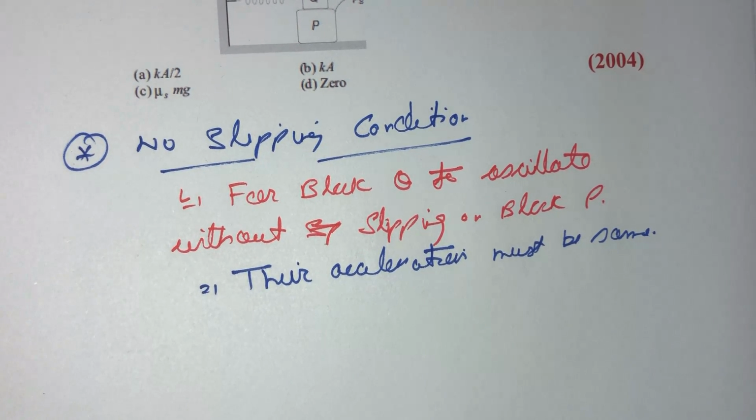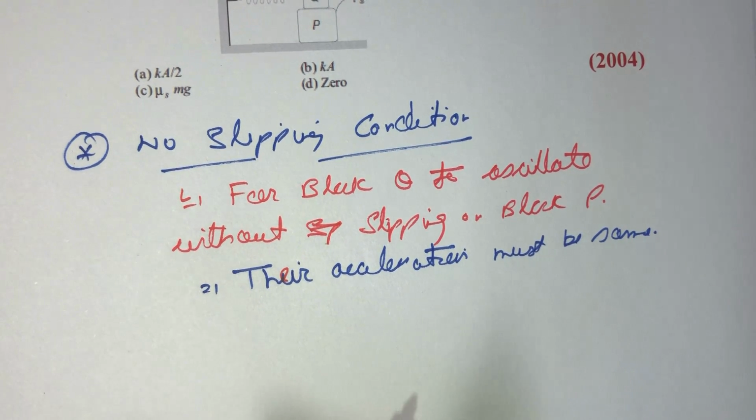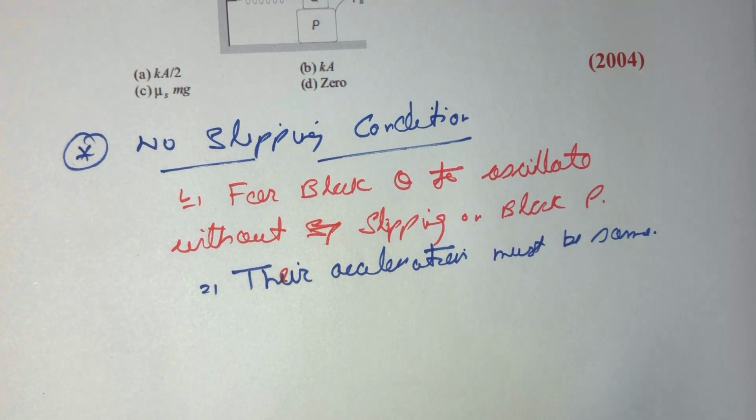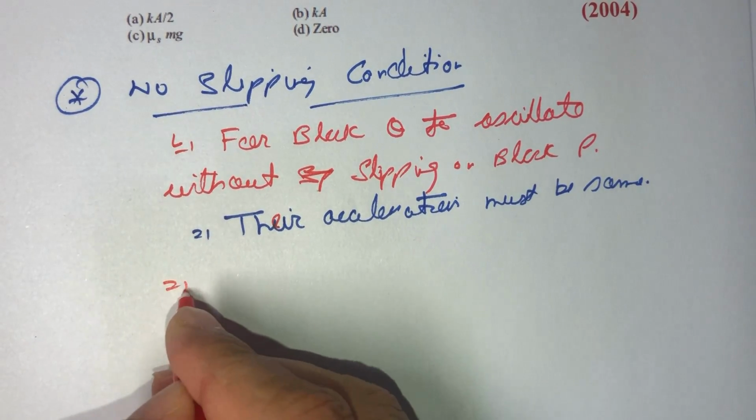Which basically means that the static friction is what makes both blocks Q and P move together.